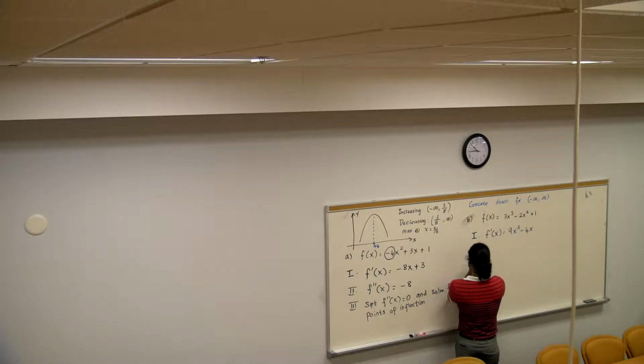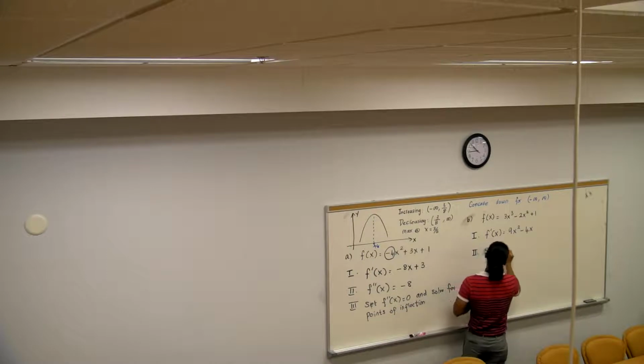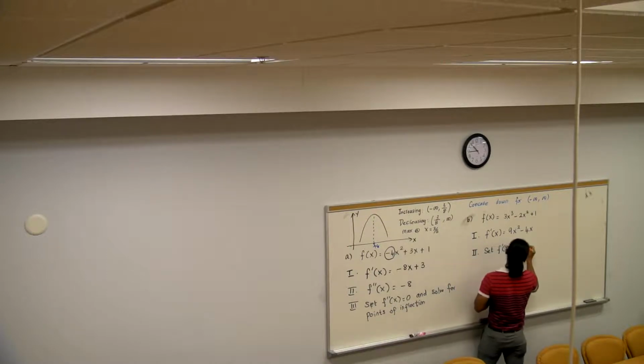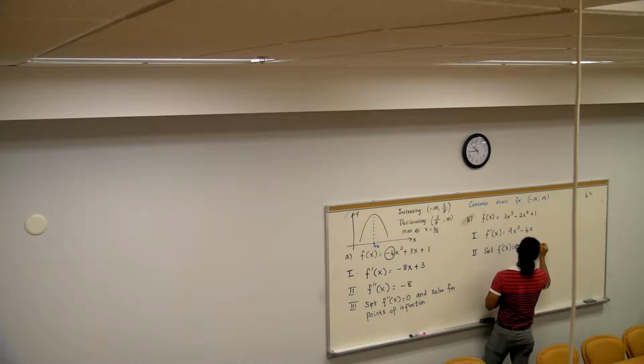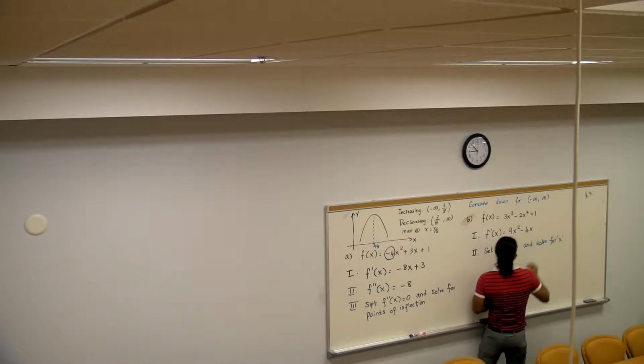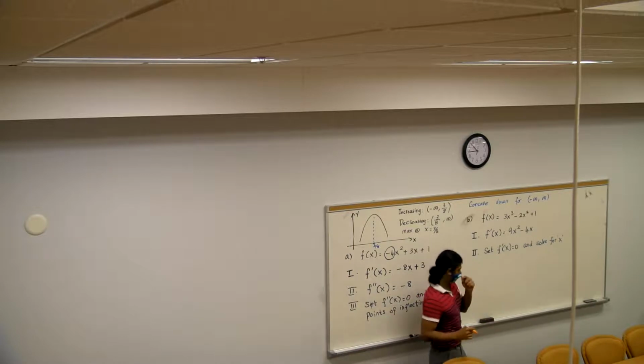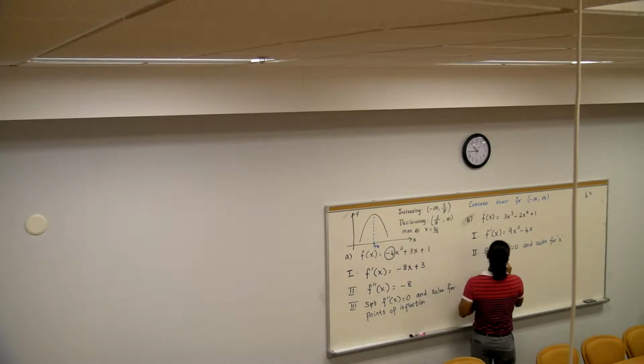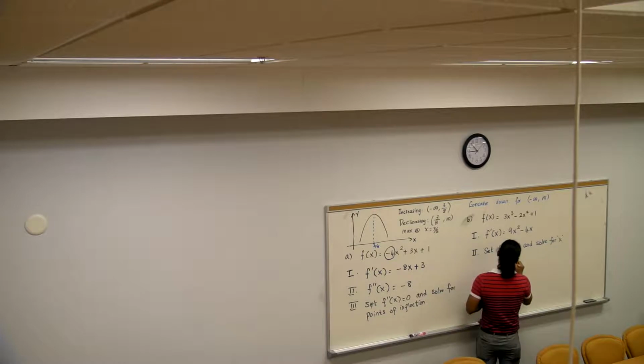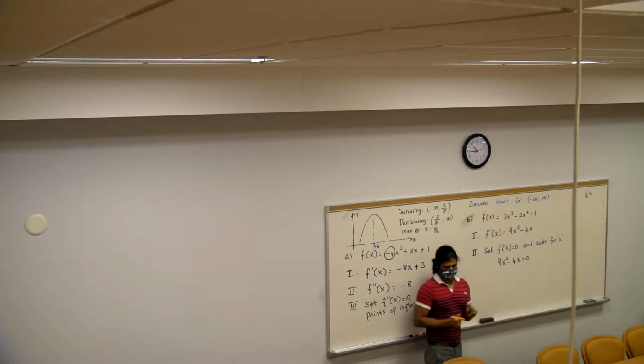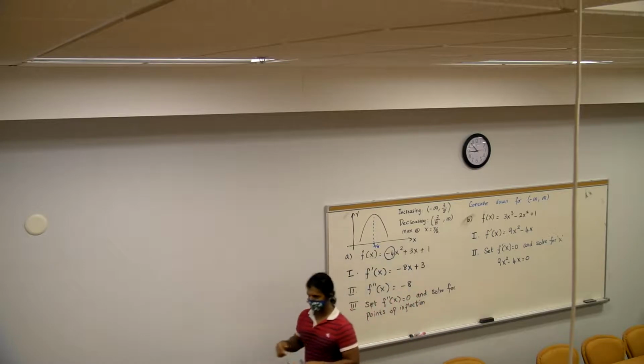We set f prime of x equal to 0 and we solve for x. Algebra. How do we solve that?